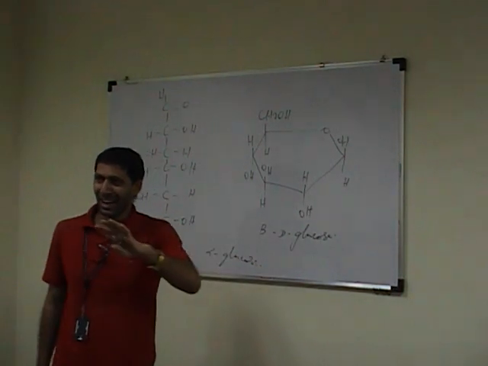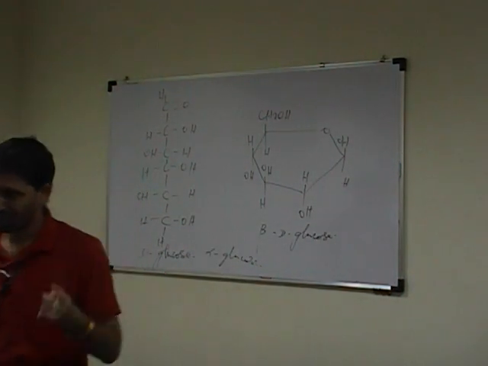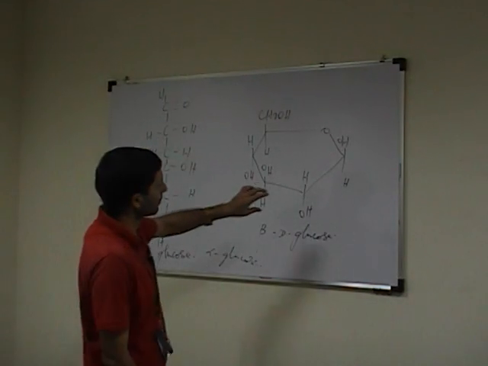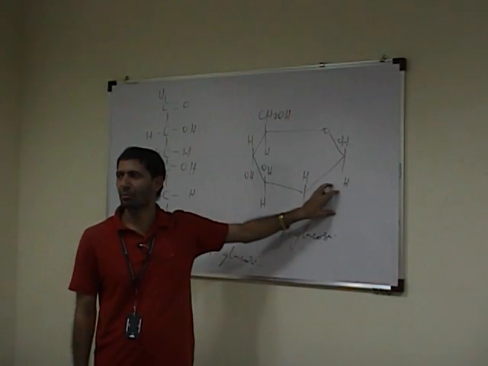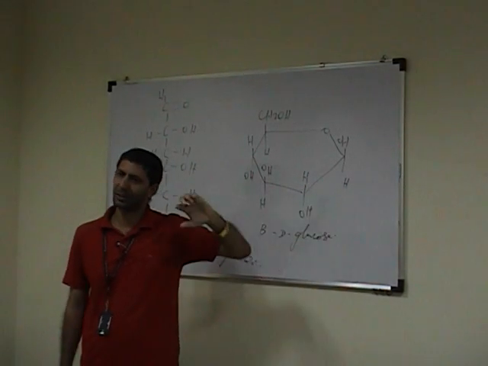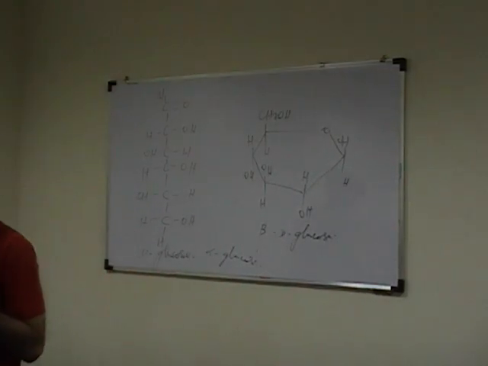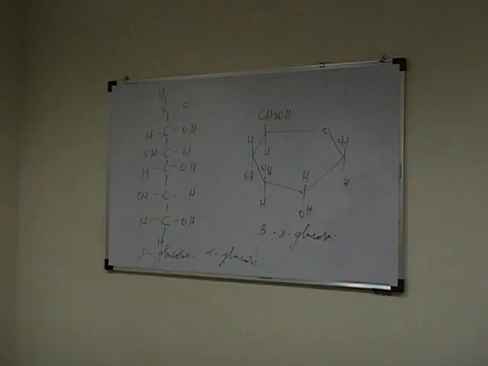As I mentioned, L glucose is not common in nature, generally D, and the beta form is more common. When dissolved in water, 64% is beta D glucose and 36% is alpha D glucose.